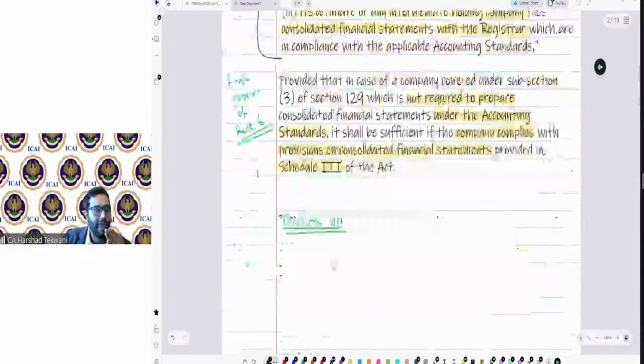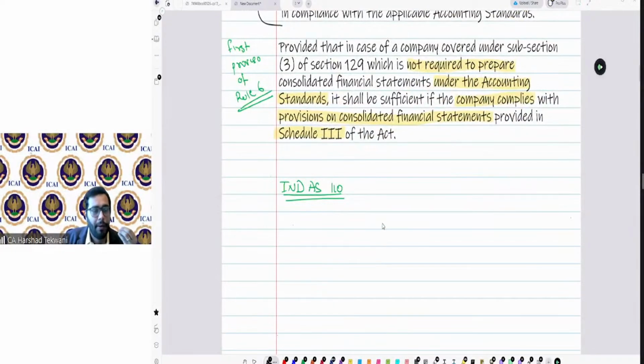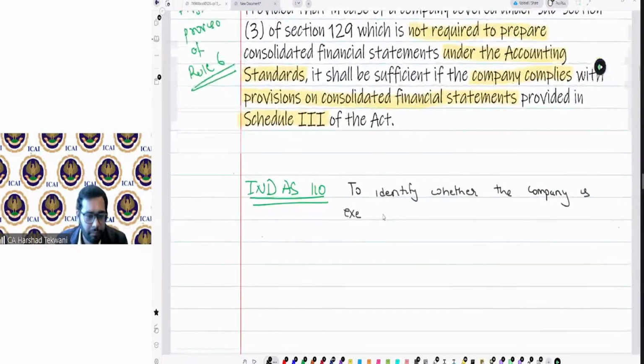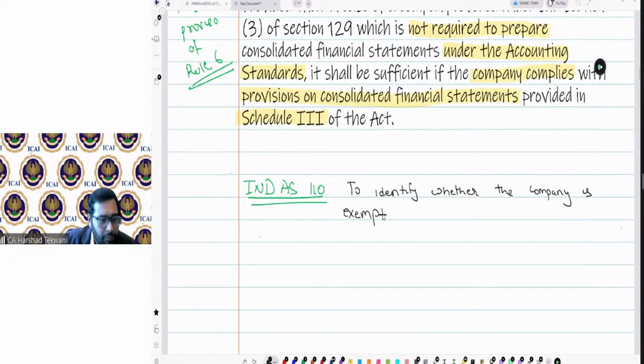So when we are checking whether the company is exempt from preparing consolidated financial statement as per accounting standards, then we need to check para 4 and 4B, to identify whether the company is exempt from preparation of CFS.